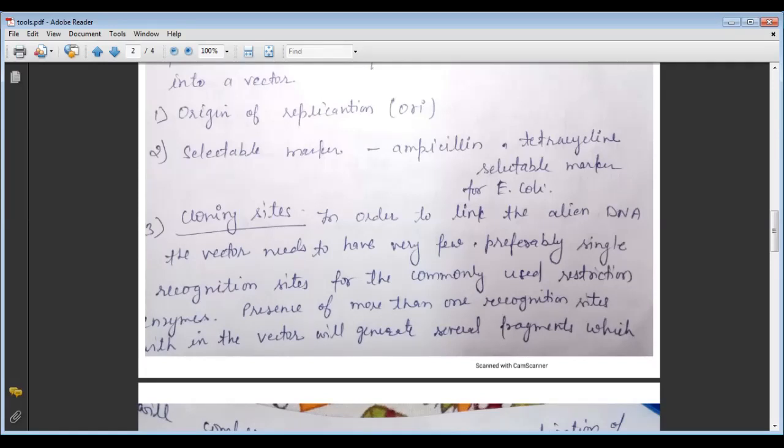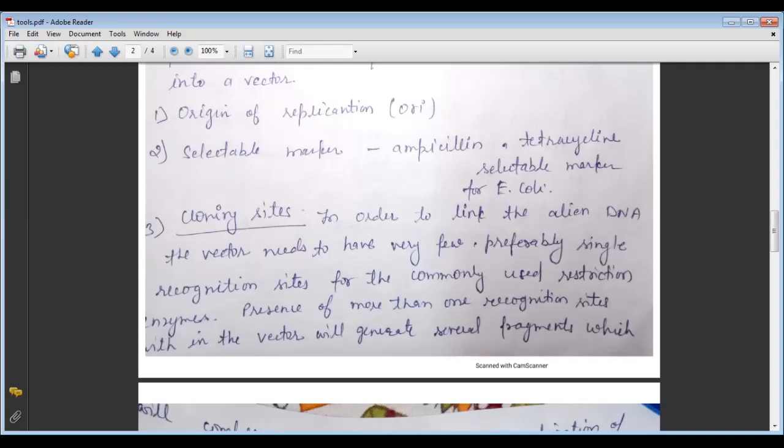So these two are the selectable markers for the bacteria Escherichia coli, E. coli. So here the selectable marker helps in identifying or eliminating non-transformants and selectively permitting the growth of the transformants. After they are made, it is not necessary that all are correct, so we have to select from them. So we need to select which are the transformants and which are the non-transformants. So here the transformants are selectively permitted to grow.